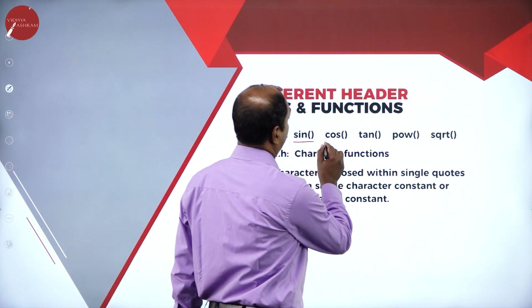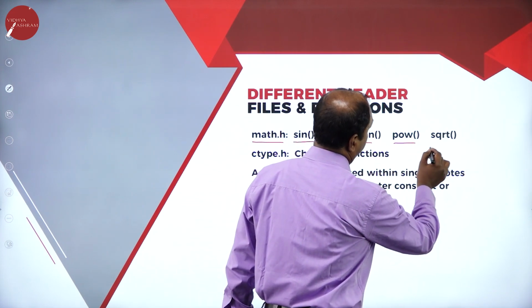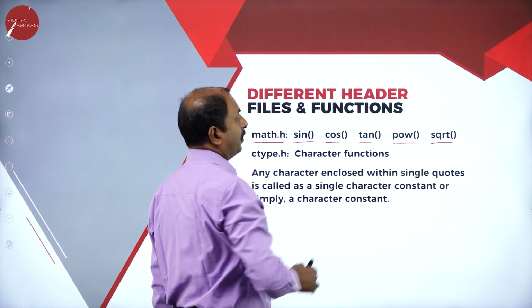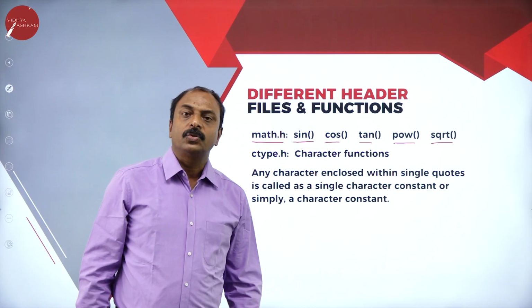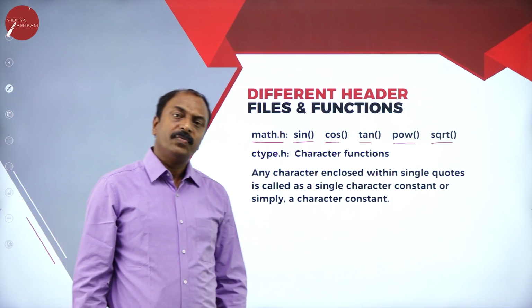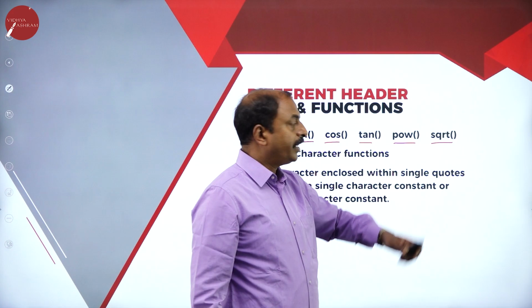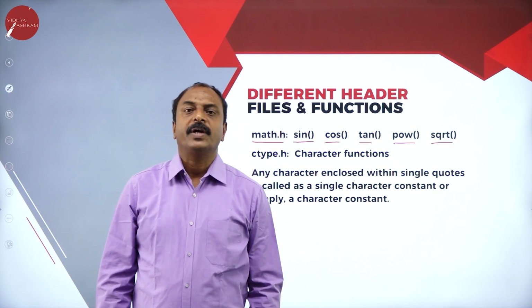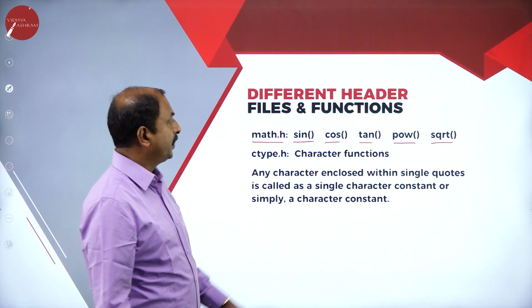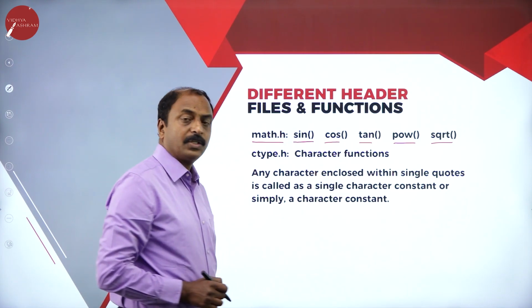And cos, tan, and pow, the power function, and sqrt. pow is a function to find the cube of a given number, or m raised to the power of n. And the sqrt function is used to find the square root of the given value. That comes under math.h.